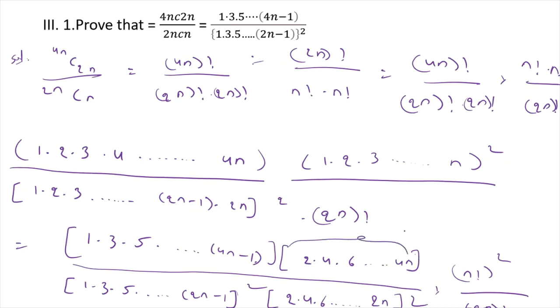Let me rewrite that one. 2 times 4 times 6 so on up to 4n. From this 2 I am taking 2 common, so it is 1. From this 4 I am taking 2 common, so it is 2.